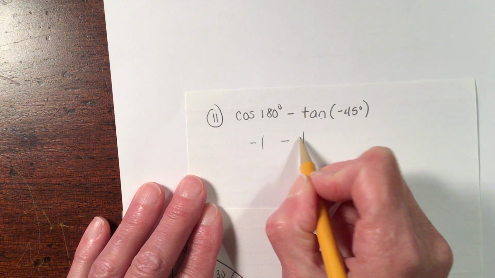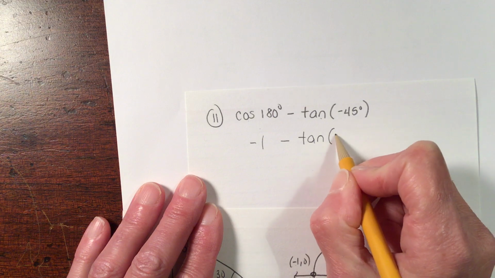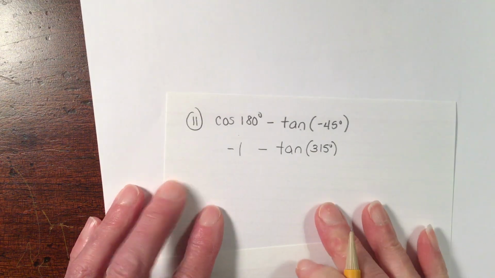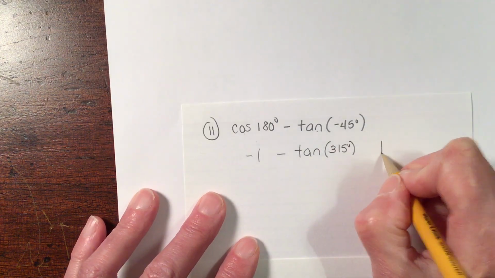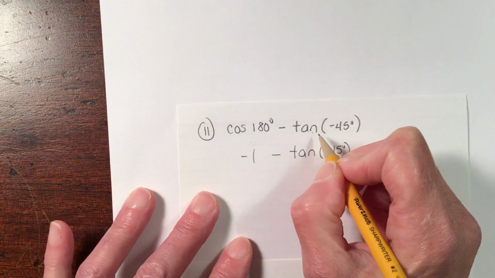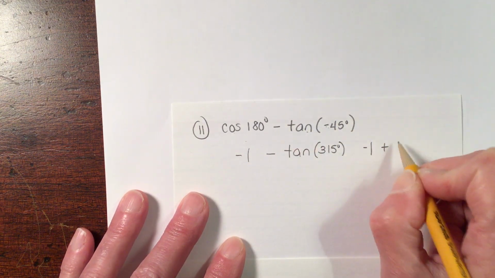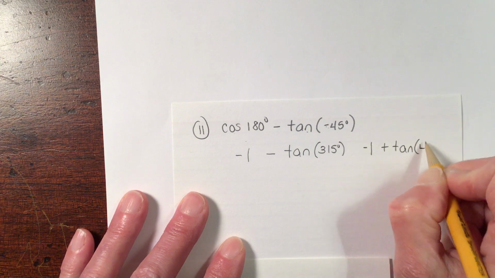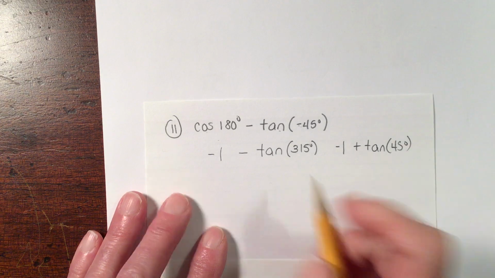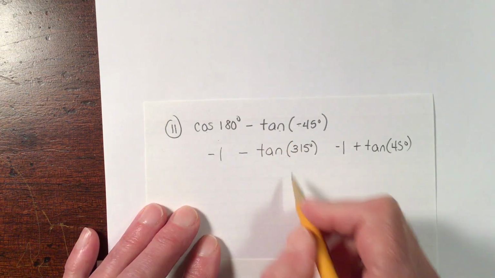I can adjust my inside angle. The tangent of -45 is the same as the tangent of 315. Or, using my even and odd properties, tan of -45 becomes -1 times the tangent of 45. It doesn't matter which method you prefer. A lot of you are probably going to do it this way, so I'll continue this way.